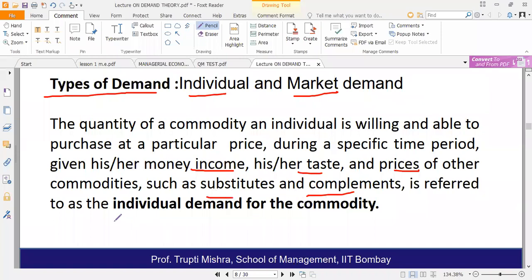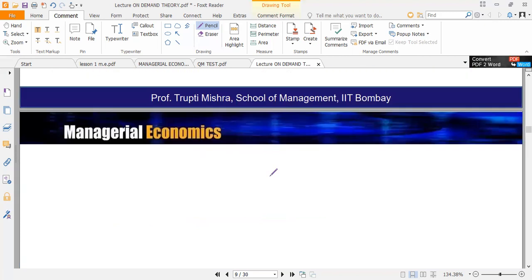All this is called what? The individual demand for a commodity. So your willingness and ability to purchase a particular commodity within a period of time, given your constraints, which are income, taste, price of other goods, the weather, and other things that we just mentioned, all these collectively make up what we call the individual demand for a commodity.